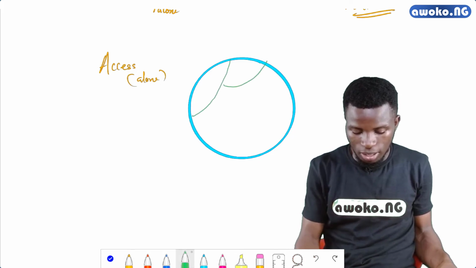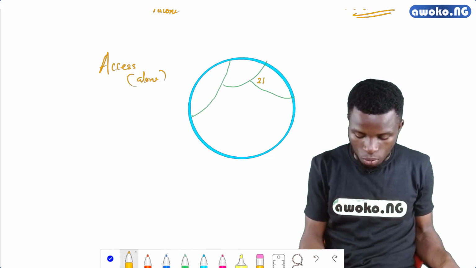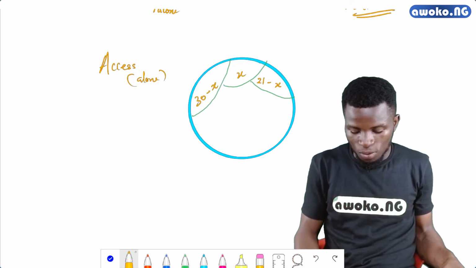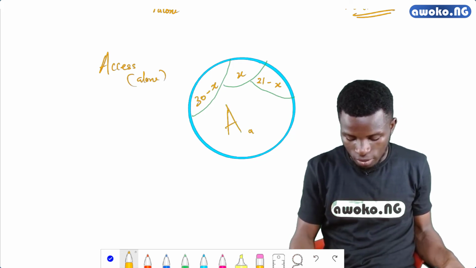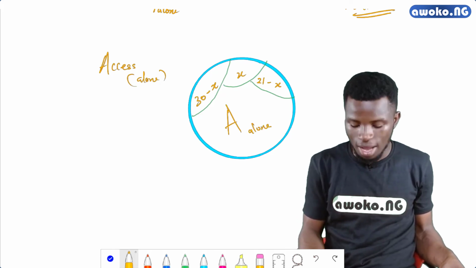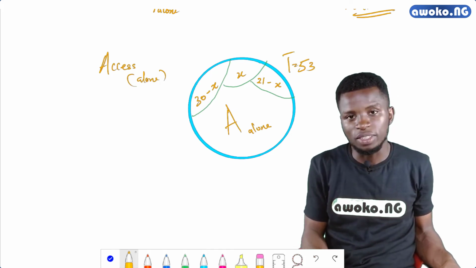We have this and we have this. So this is 21 minus x. This is x, while this is 30 minus x. This is what we are looking for, Access alone. And of course, the Access Bank is 53. So T Access is equal to 53.